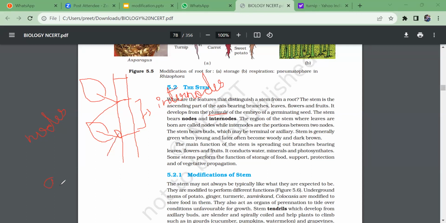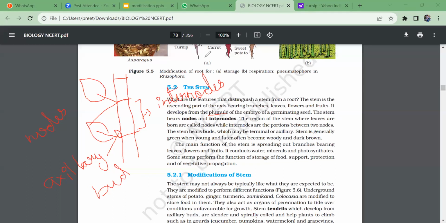This bud is known as axillary bud. And this bud gives rise to the branches.